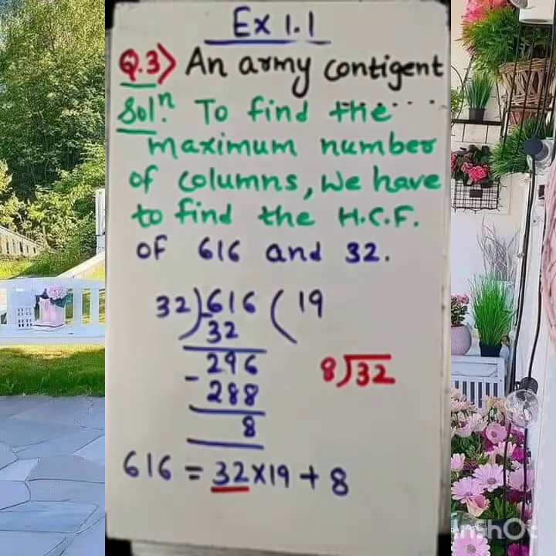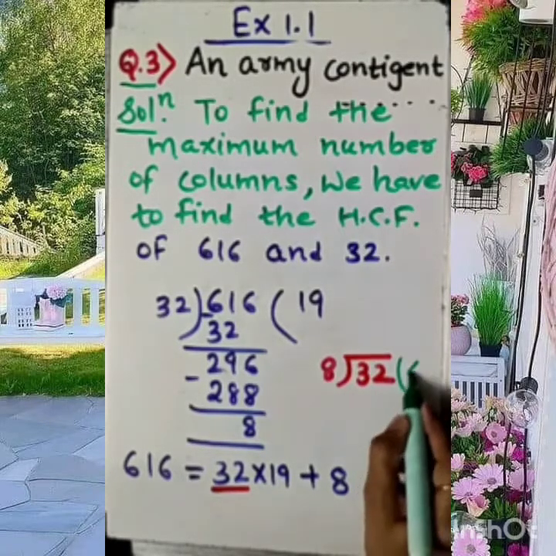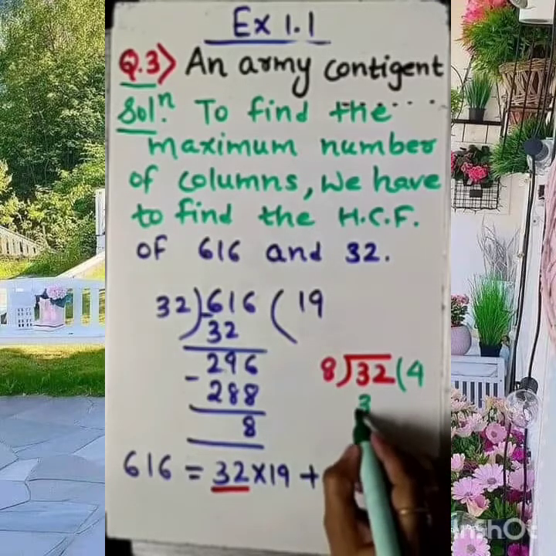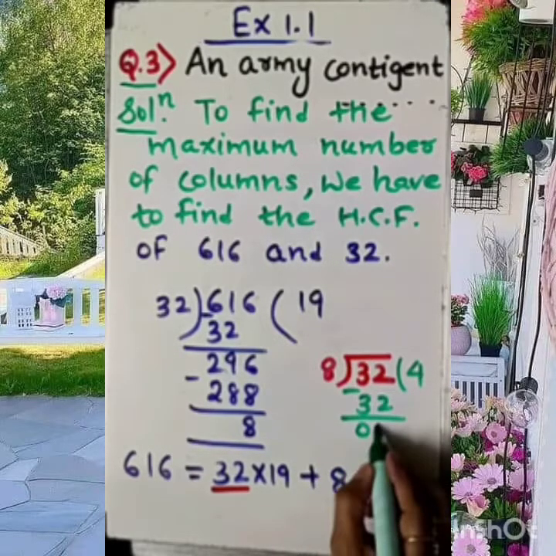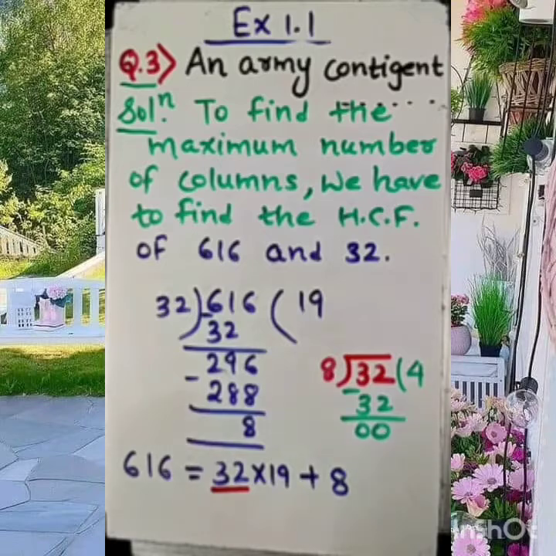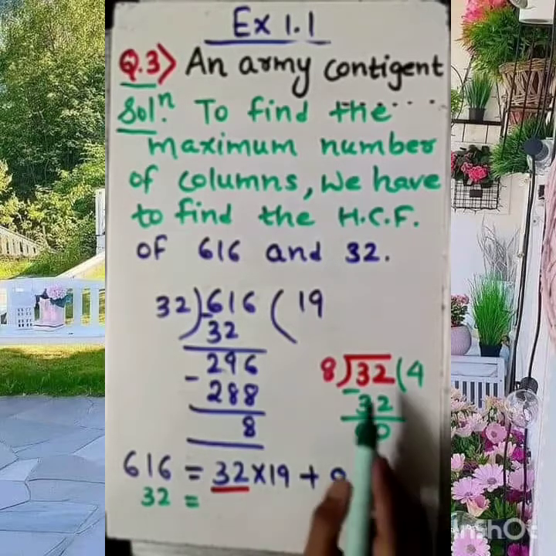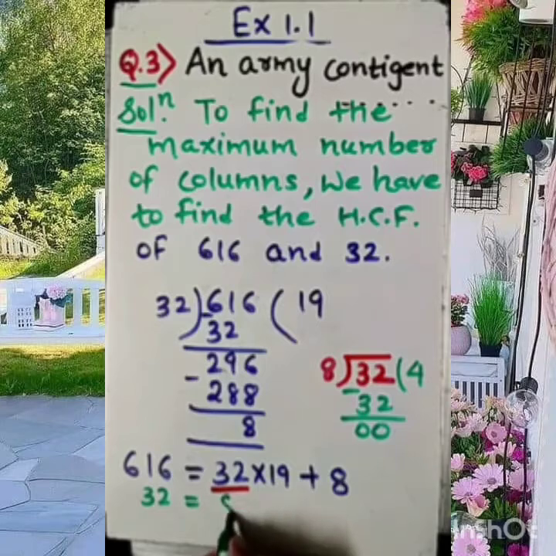If I divide 32 by 8, then I will have here 4. You know, 8 fours are 32. So dear student, this is also a very important step. So in the next step, whatever the divisor is coming here, I need to mention it here. 32 equals 8 into 4. And this time the remainder is 0.